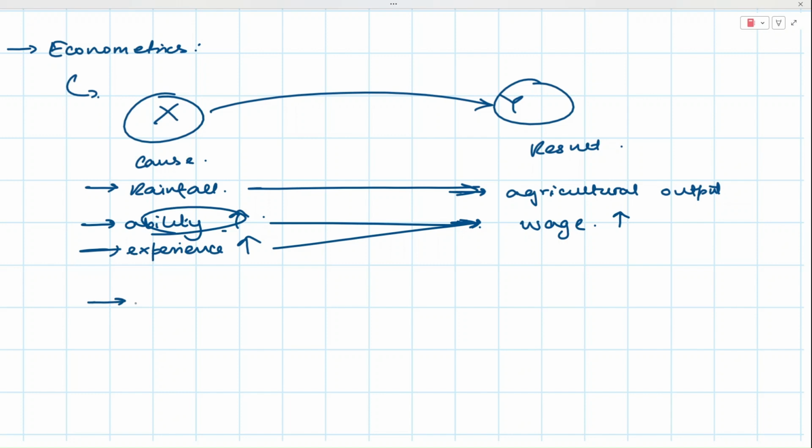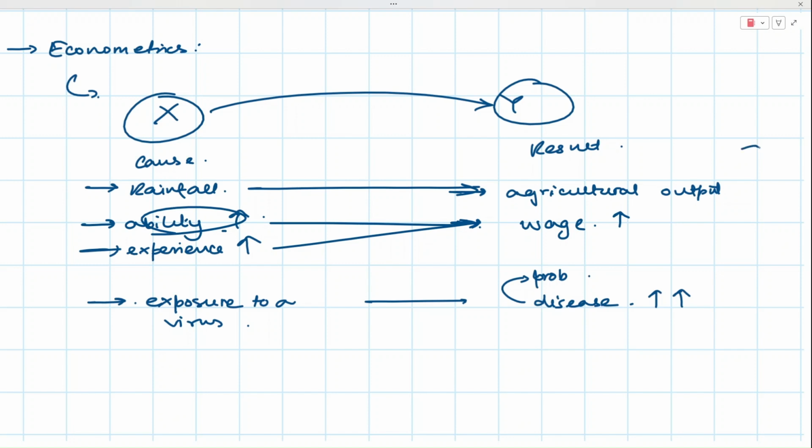Then if there is exposure to a virus, the probability of disease increases. For example, if you're exposed to a particular virus for a very long period of time, then it's more likely that you will catch the disease. In this sense, it's actually a probability.